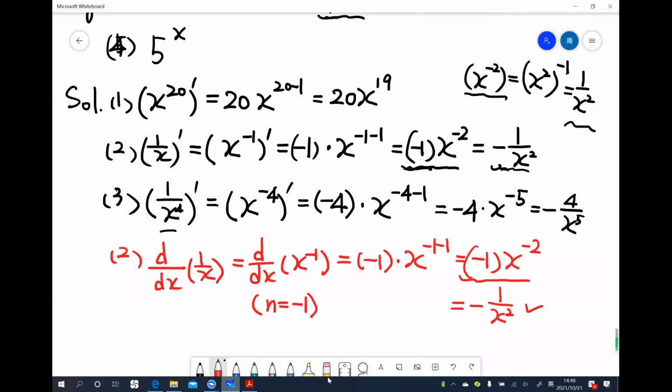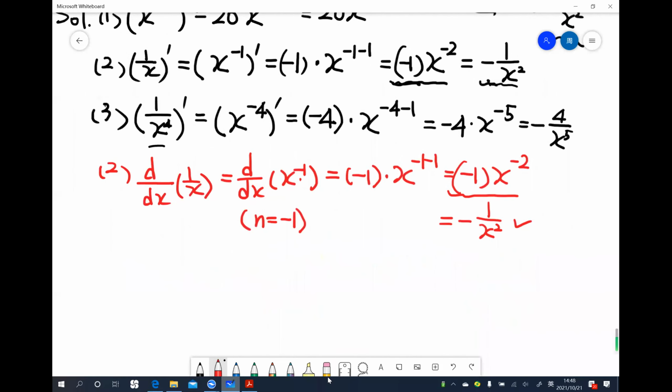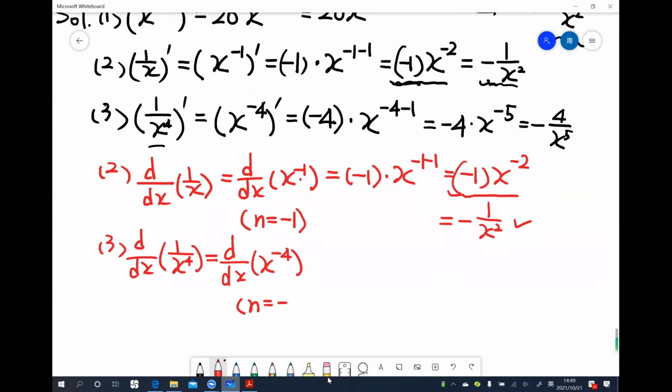Okay, for number 3, the power is minus 4, right? So d by dx of 1 by x power 4 equals x power minus 4. We use the formula with n equals minus 4.